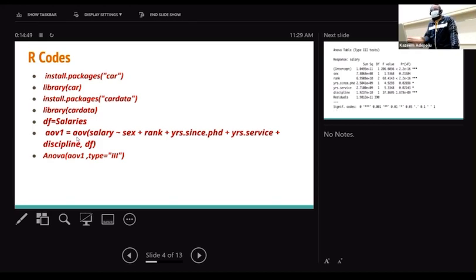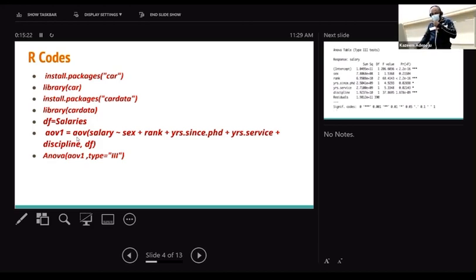So this is more or less like an analysis of covariance, because what we allow as predictors in analysis of variance should be categorical. If you are also considering a quantitative predictor, then you are incorporating a covariate, and that now makes it analysis of covariance.